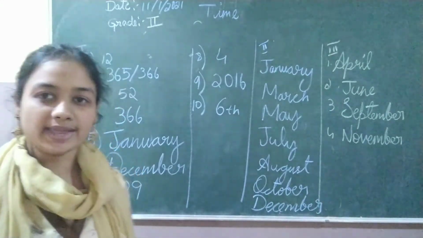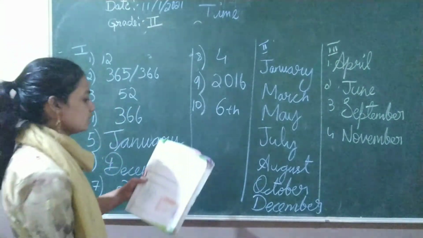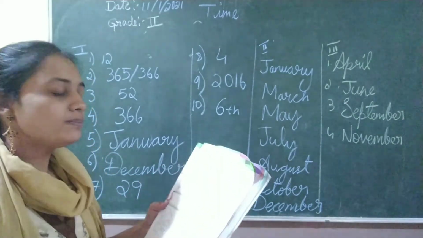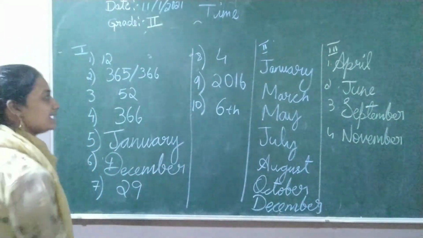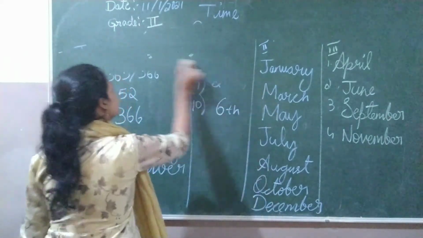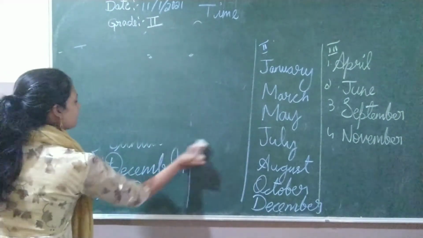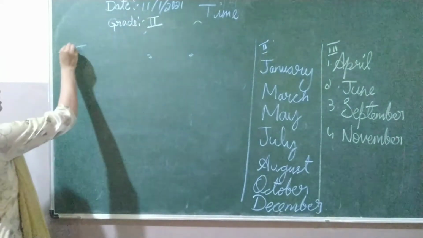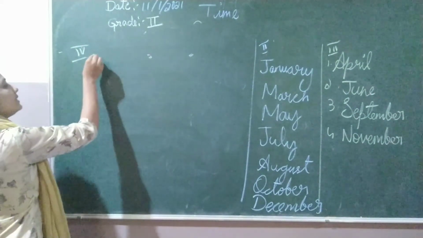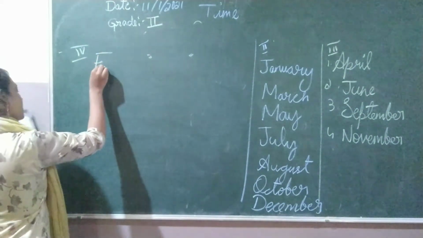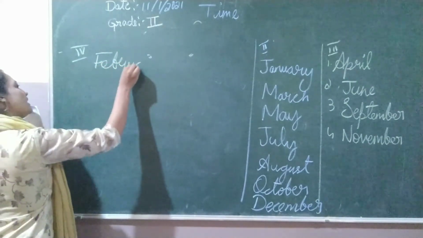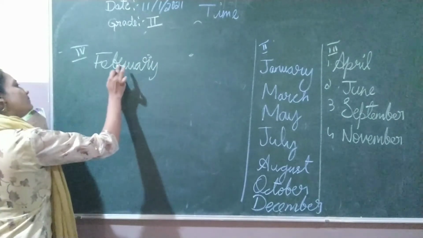It has only 28 or 29 days. So that is the answer of the fourth one. Write the name of the month having 28 or 29 days. It is February. Answer for the fourth one is February.